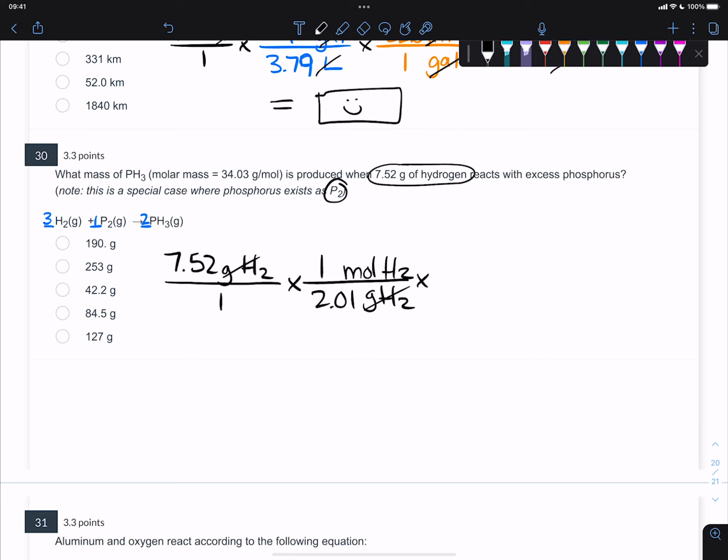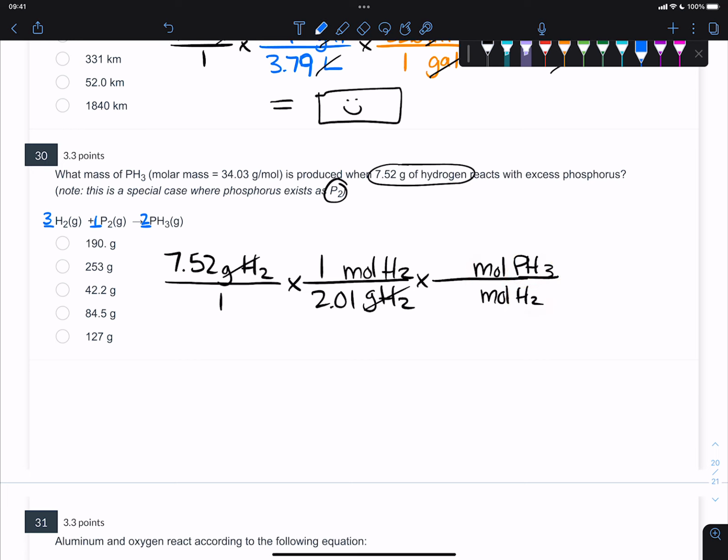So we're going to go from moles of hydrogen to moles of, it asks what mass of PH3, so we're going to go to PH3. Now, as we said before with stoichiometry, when you have moles of one thing over moles of another thing, the relationship between two different species and their moles is the actual chemical reaction itself.